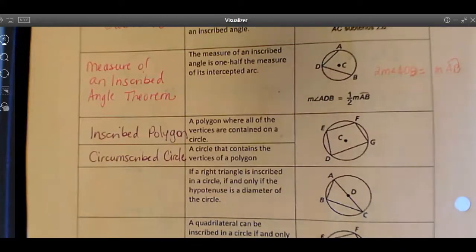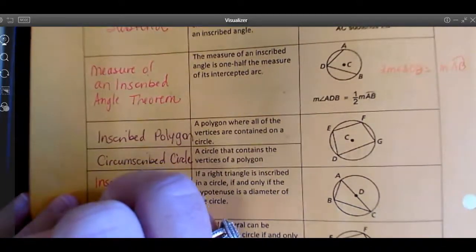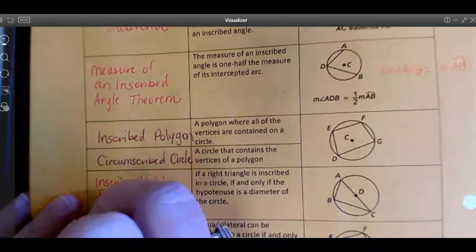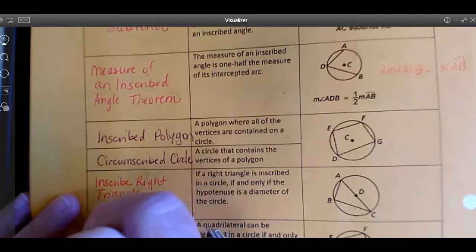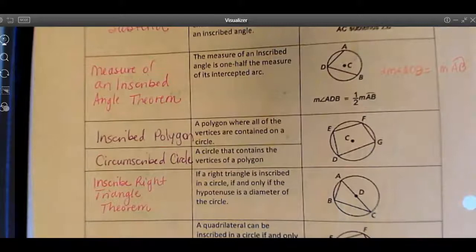Okay, there's a rule about inscribed polygons. It's called the inscribed right triangle theorem. And here's what the theorem says.